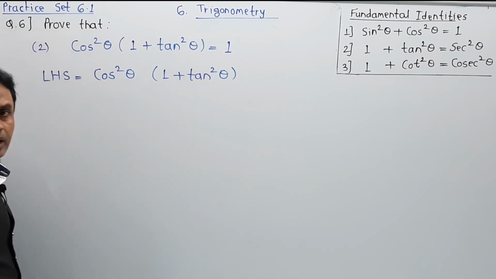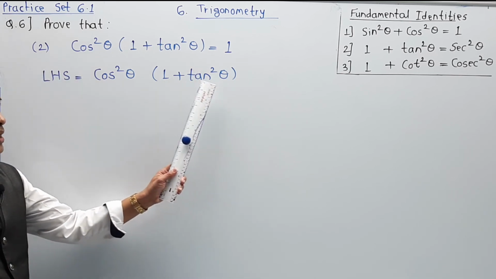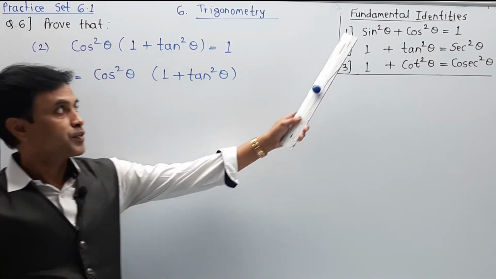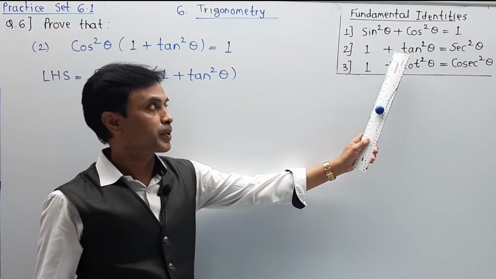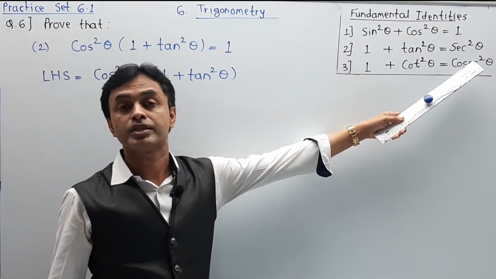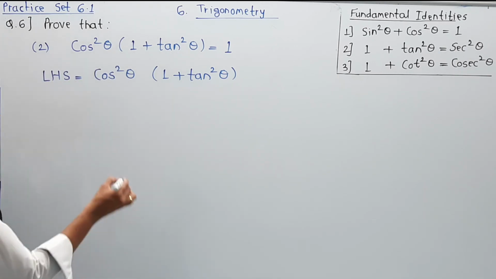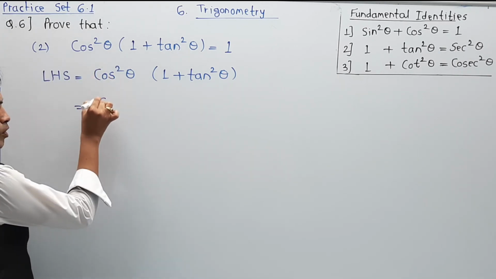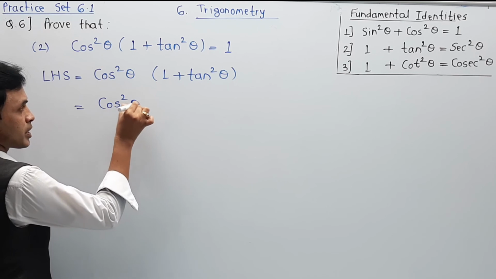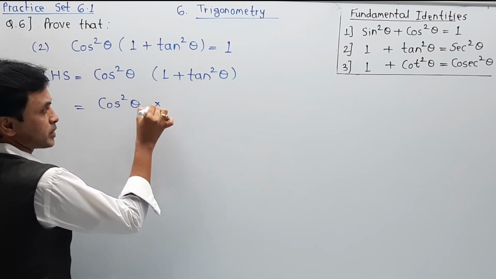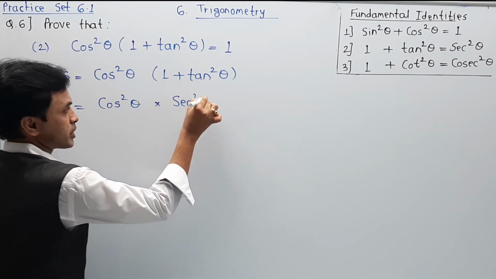Here we know that 1 plus tan square theta, according to fundamental identities, is nothing but sec square theta. So the first step becomes cos square theta, and this value 1 plus tan square theta now becomes sec square theta.